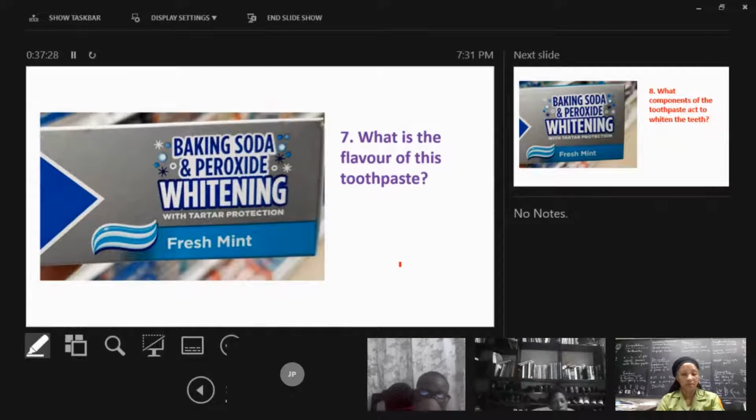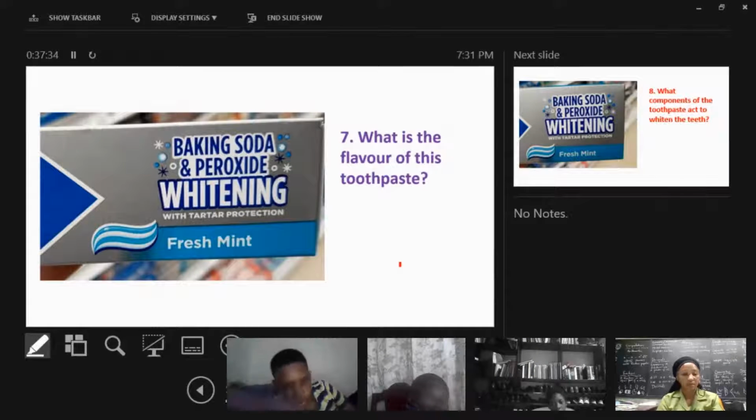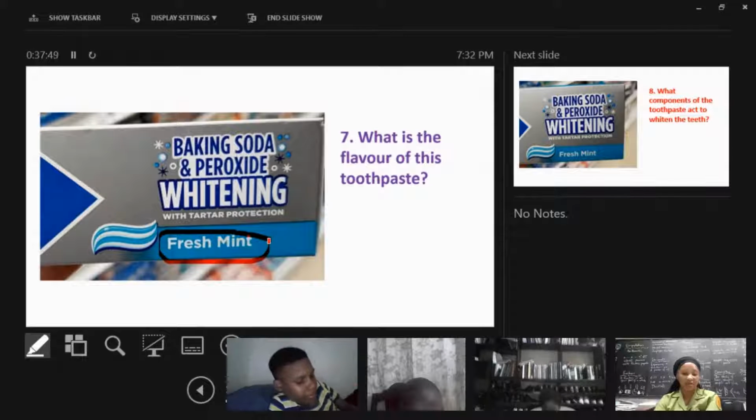What is the flavor of this toothpaste? Baking soda and peroxide whitening with tartar protection, fresh mint. Miss, my answer would be fresh mint. All right, so we see the fresh mint. That's the flavor.